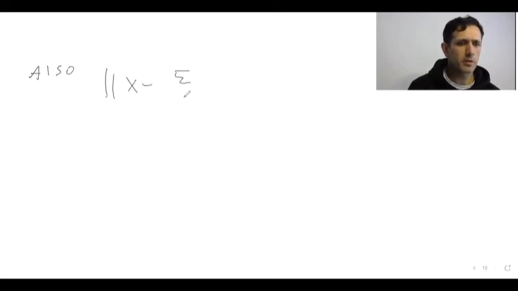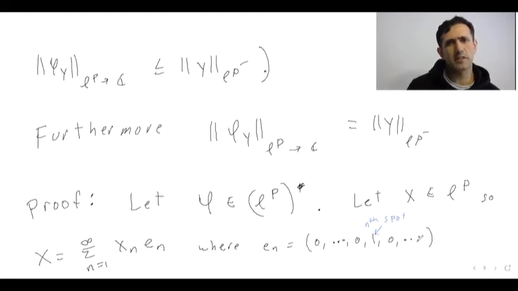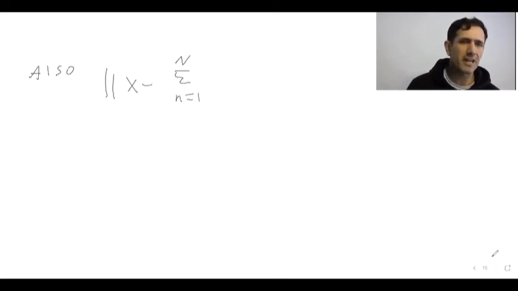Okay, so in particular, I should mention, of course, e_n is itself obviously in little lp. The norm is 1, pretty trivial. There's only one non-zero spot, and that's the nth spot. Everything else is 0, and the nth spot is 1.